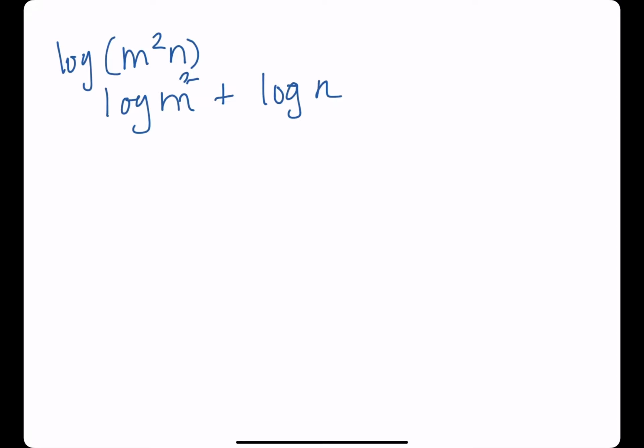But then the last thing you'll see is this exponent. Remember, that's your third rule, that power rule, and it should come out here and be a multiplier. So your final answer will be 2 log m plus log n.